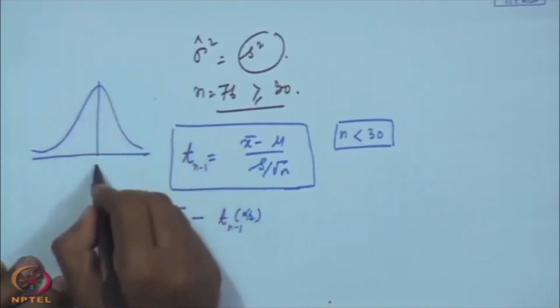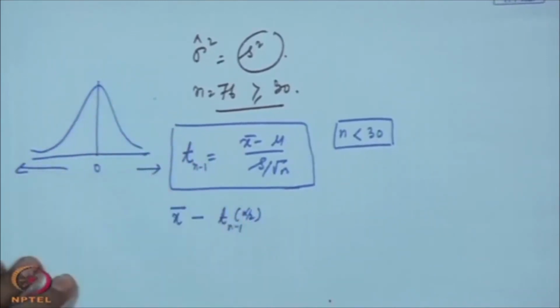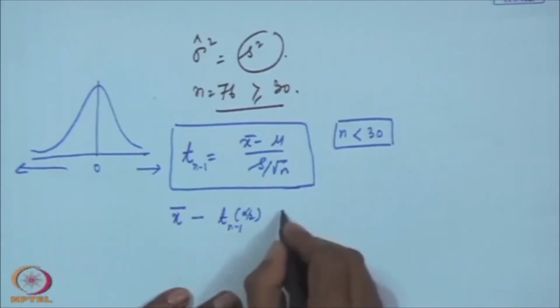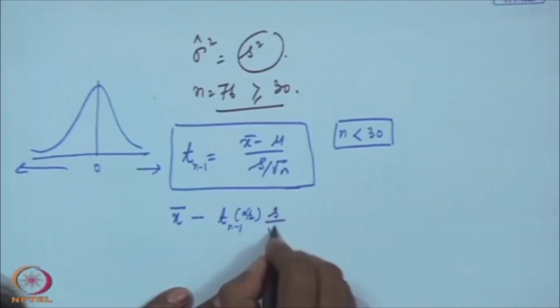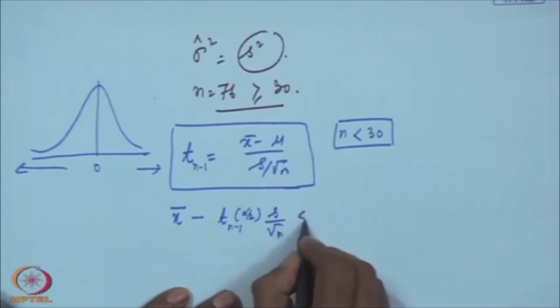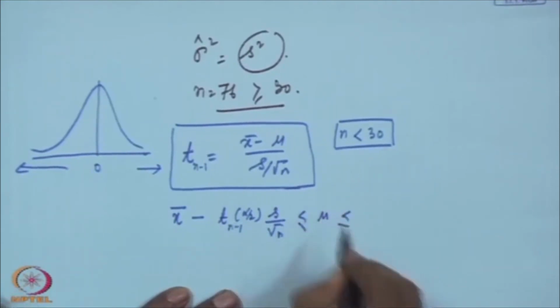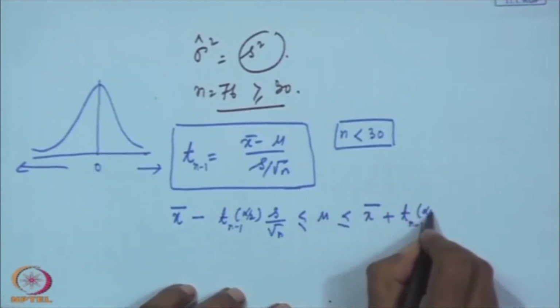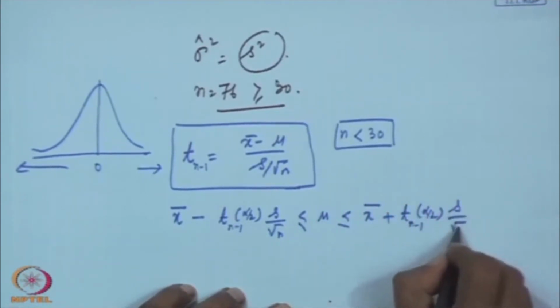Your mean value is 0 and the two extremes go from minus infinity to plus infinity. Now, S by root n less than equal to mu less than equal to x bar plus t n minus 1 alpha by 2 S by root n.